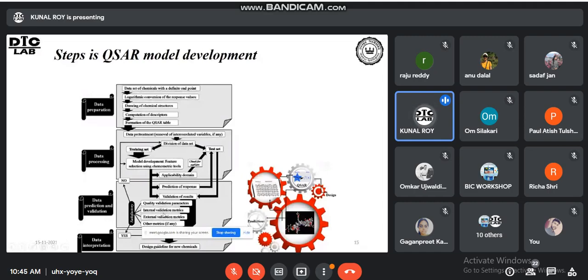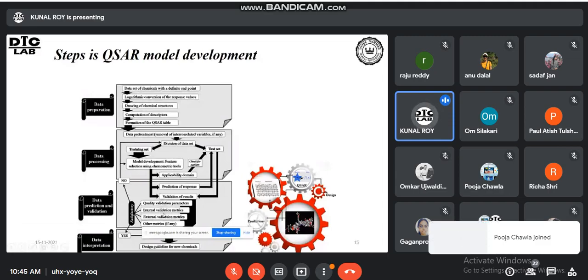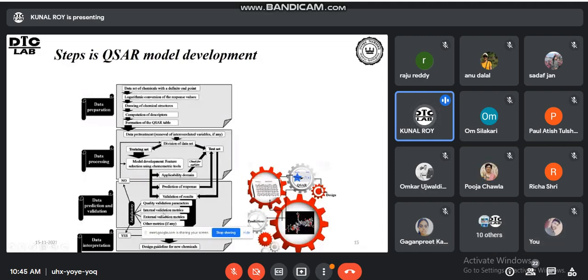So this is in short the steps for QSAR model development, and there are five-point guidelines for QSAR model generation. So all these steps are in the OECD guidelines.